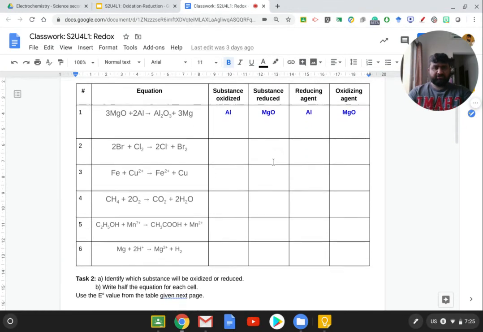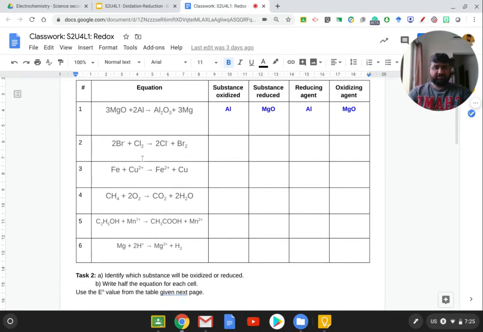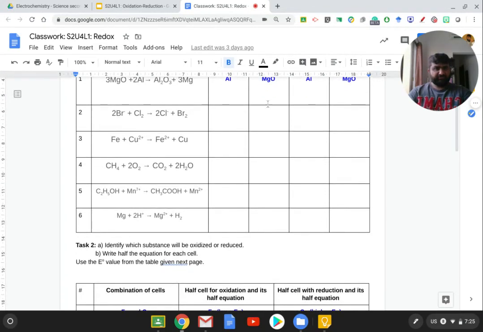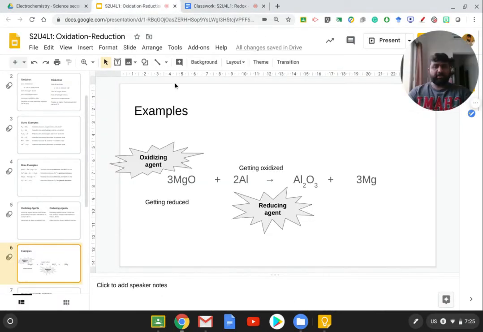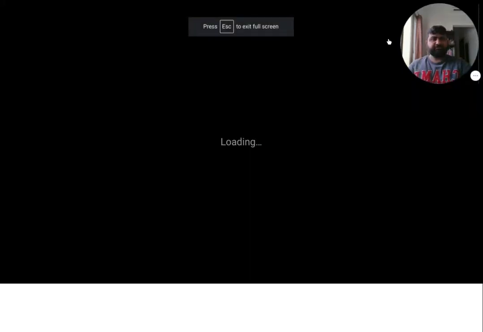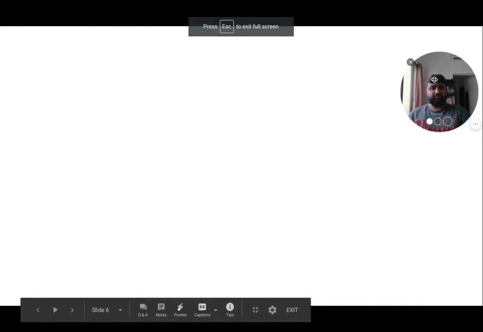You just need to write down the elements here, looking at the equation, identifying the substance getting oxidized and the substance getting reduced. All right. If you do not understand, go back, rewind the video, and watch this part again. All right, I'll move to the next part of the video.